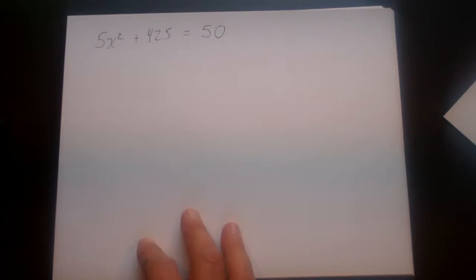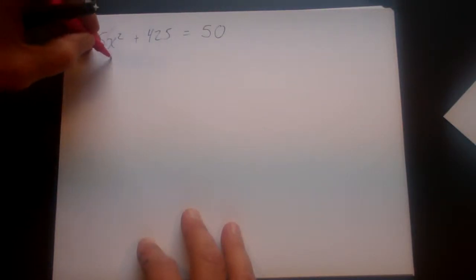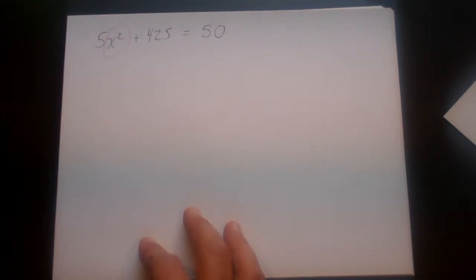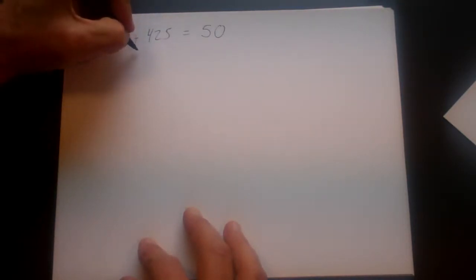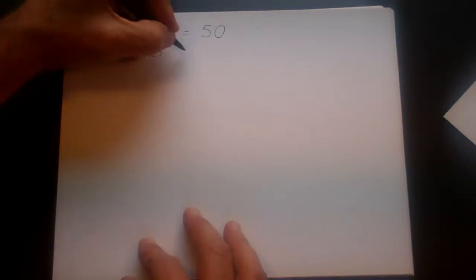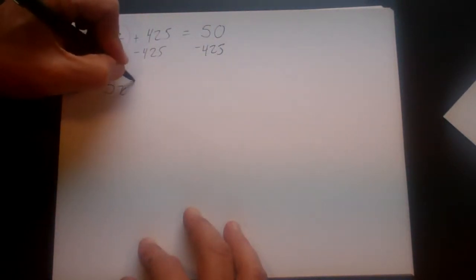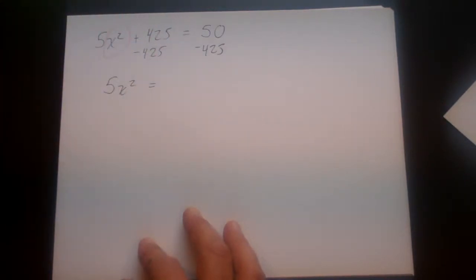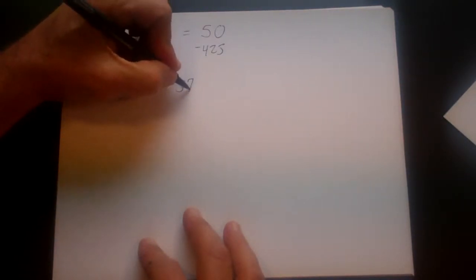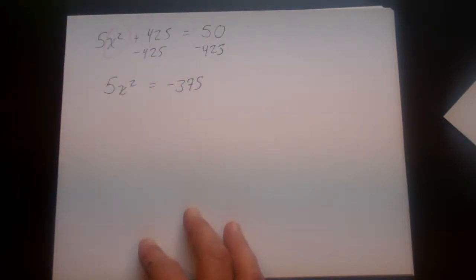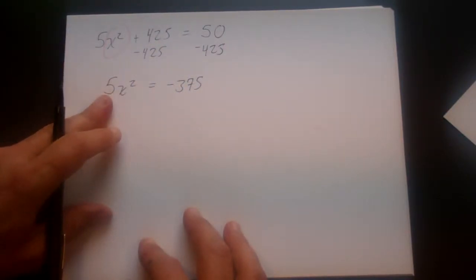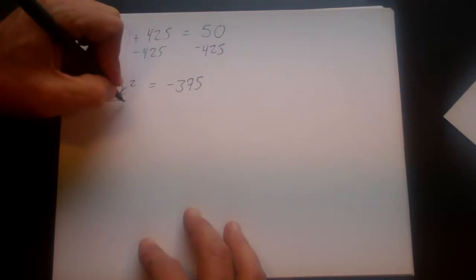The reason this is an easy problem is there's an x squared term but no x term, so we're simply going to isolate the x squared term. I'm going to subtract 425 from both sides. So I get 5x squared is equal to minus 375. Now I'm going to divide by 5, or you can multiply by 1/5 if you wish.